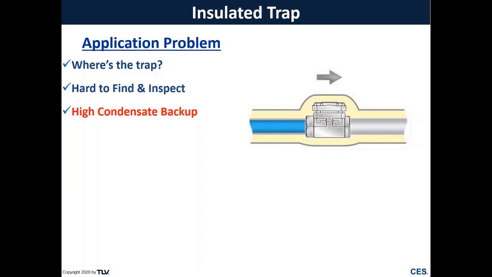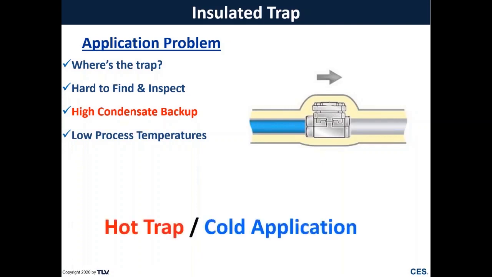Also, certain types of traps are going to have a very high level of condensate backup if we insulate that trap. Some steam traps need to naturally lose and radiate heat in order for them to operate properly. If we don't allow that trap to lose that heat, we're going to be backing up more condensate than we want to and potentially causing backup into our equipment, leading to low process temperatures. So again, our trap may be hot, but we may be backing up condensate into our equipment.